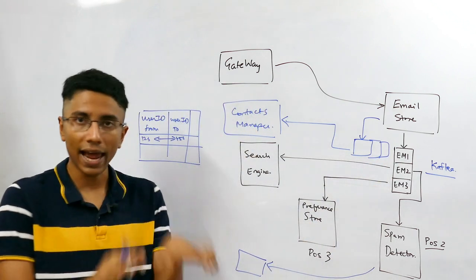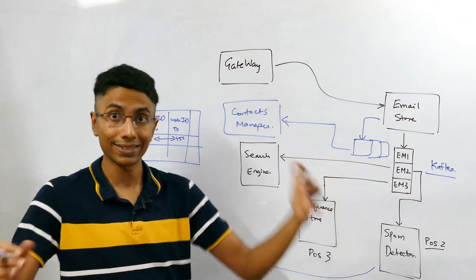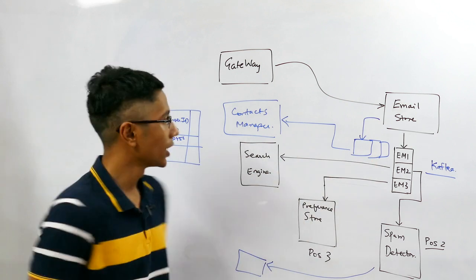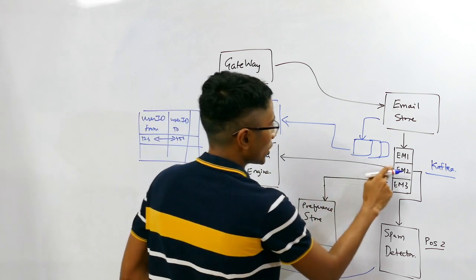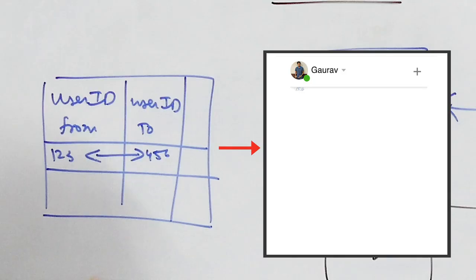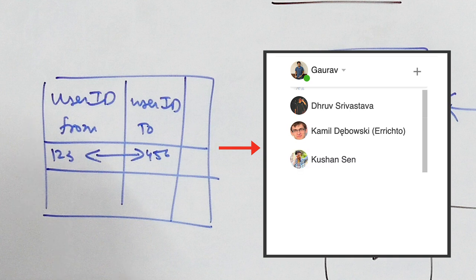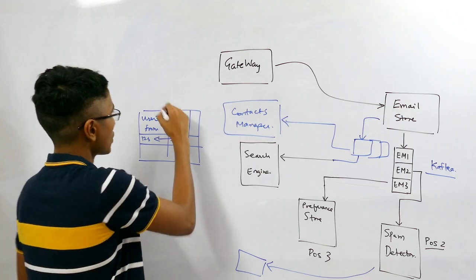Once that particular tags have been set in the email store, then it pushes it to this thing that yes, this is an email with the tags. So the contacts manager can pull from there, and in fact the search engine will also pull from there. Once it has been marked as spam or not spam, the contacts manager can use that relevant logic to set contacts here. So we are pretty much done.